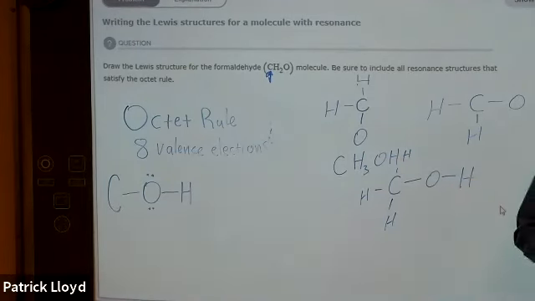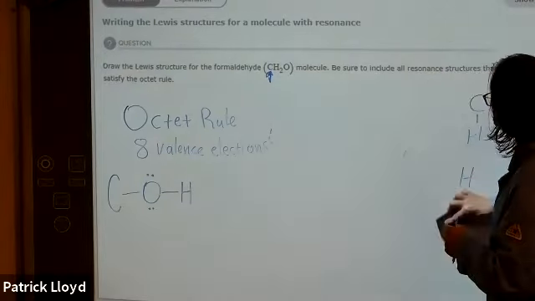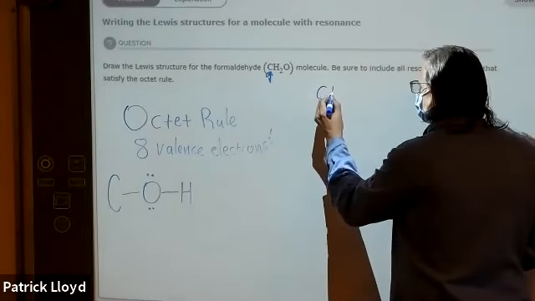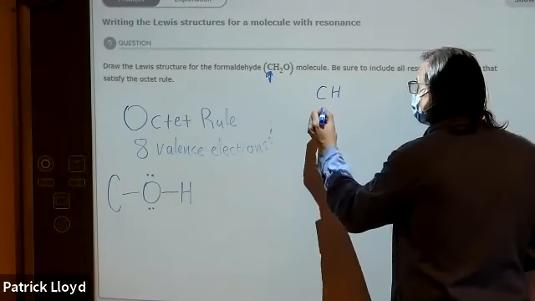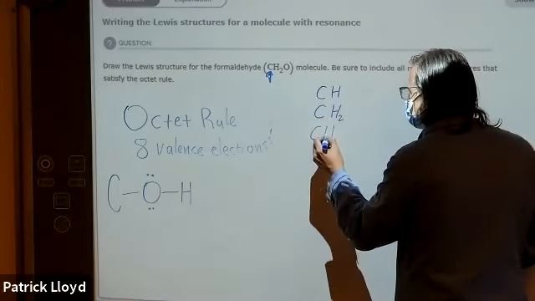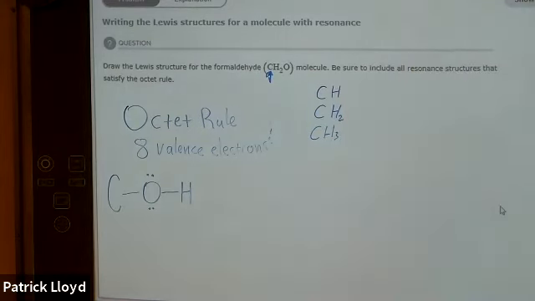There's usually, I would say, a few common structures. So anytime you say, for example, CH, or CH2, or CH3, those hydrogens are going to be attached to the carbon.